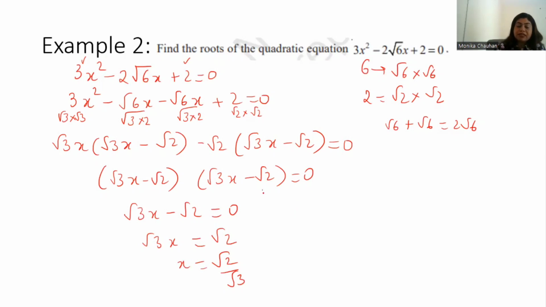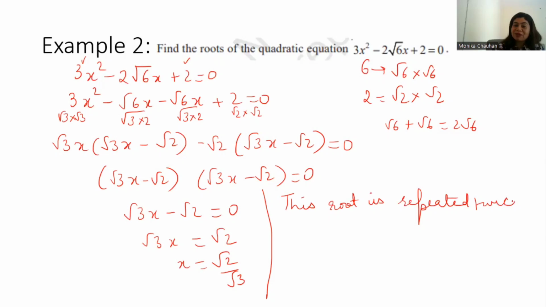So you will write here, this root is repeated twice. They're equal roots, you can see it. One for each repeated root, root 3x minus root 2. If somebody has to write what the roots are, we'll write root 2 upon 3, or you can write it like this also, root 2 upon root 3.